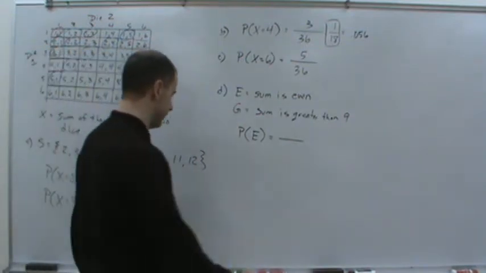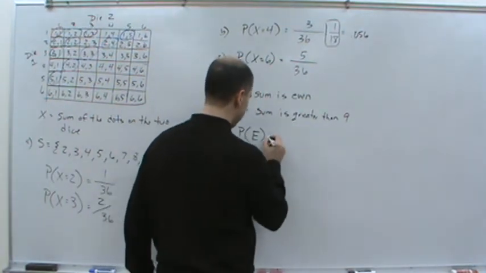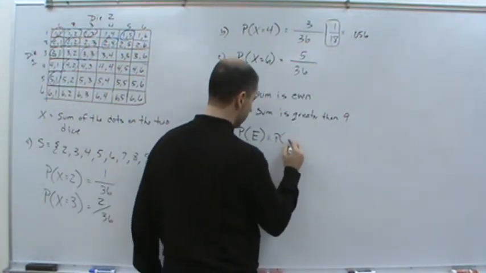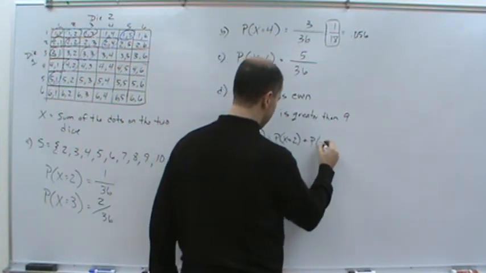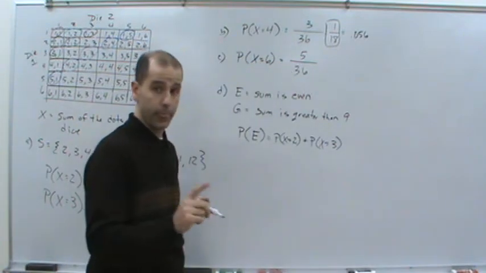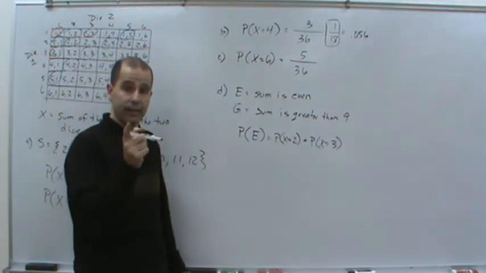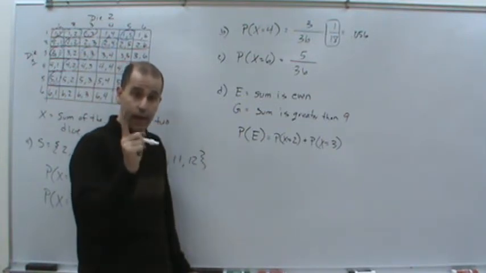So in order to get the probability of E, I have to take the probability of x equal to 2 plus the probability that x equals 3. So remember I'm using one of those properties from the last video on properties of probabilities.